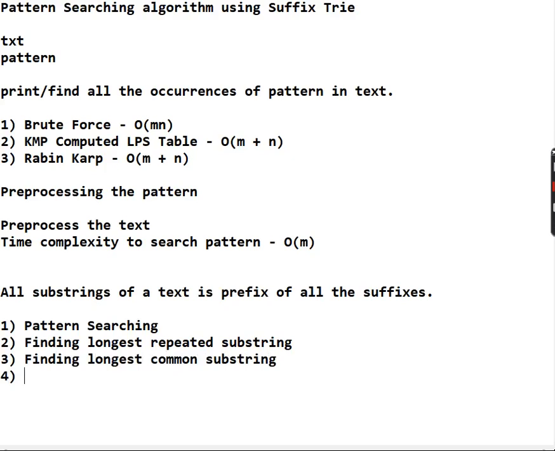Number four is finding the longest palindrome in a string. And number five is lowest common ancestor.